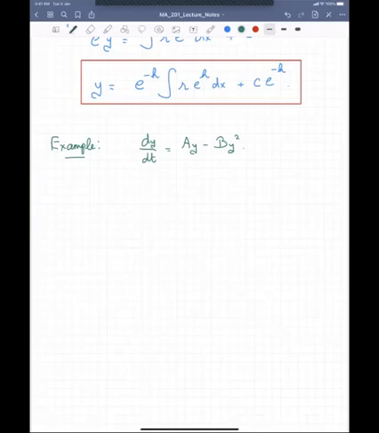So for example, maybe as an aside, consider something like, let us say, x y prime plus y equals some complicated function like sine of xy or e to the xy.